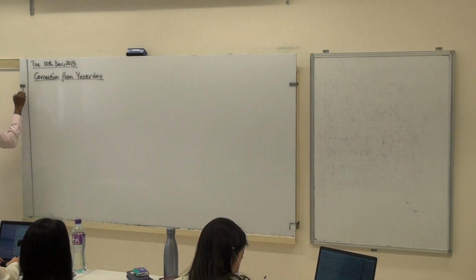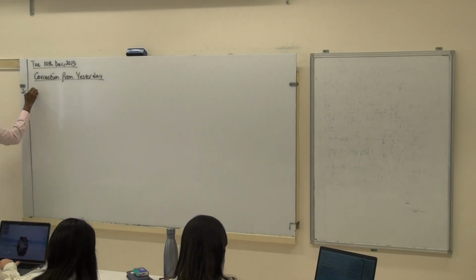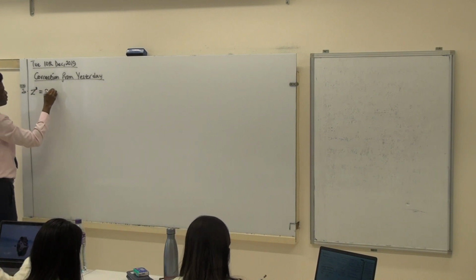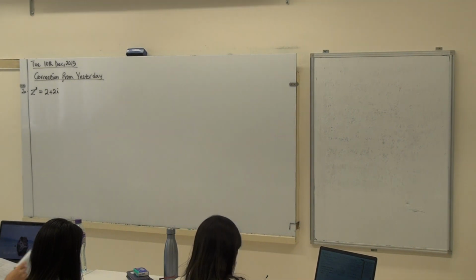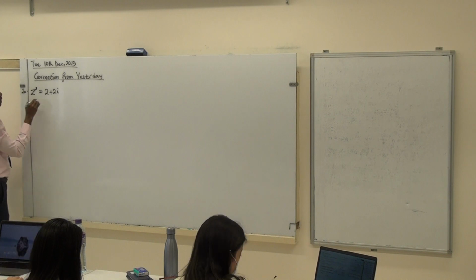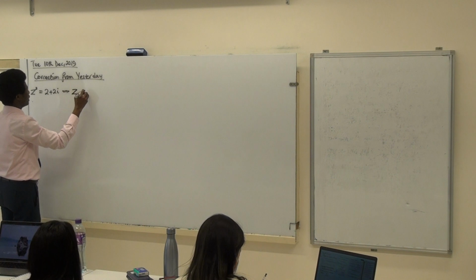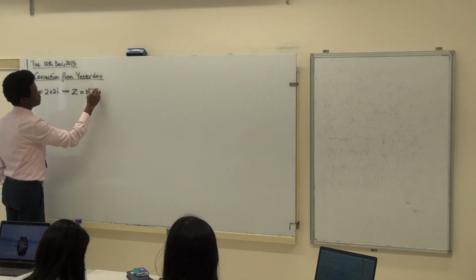So 2A says, solve the equation Z cube equals 2 plus 2i, and display the solutions on an Argand diagram. Basically, if Z cube is this, then Z is the cube root of 2 plus 2i.